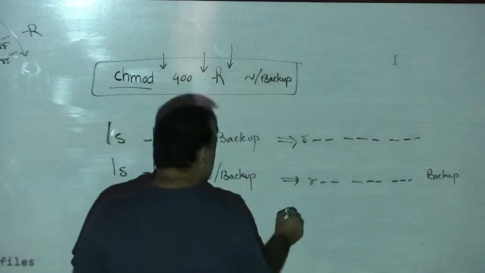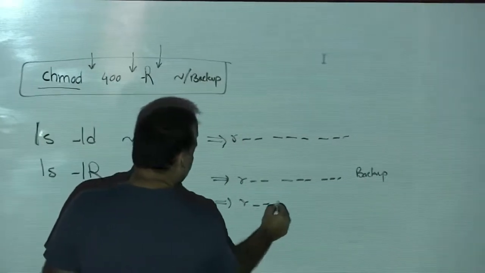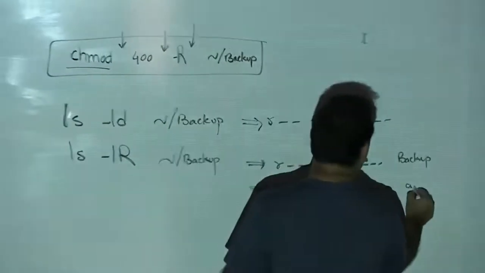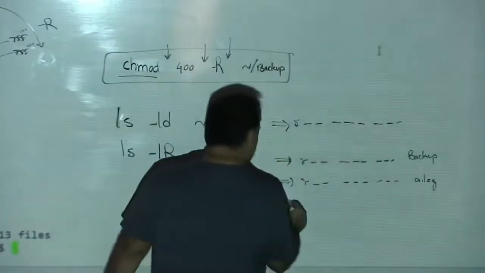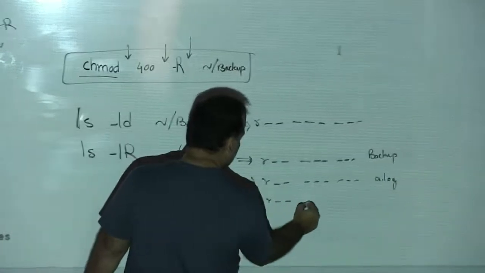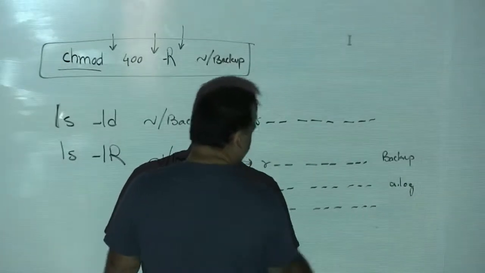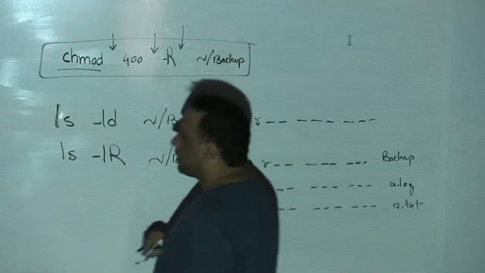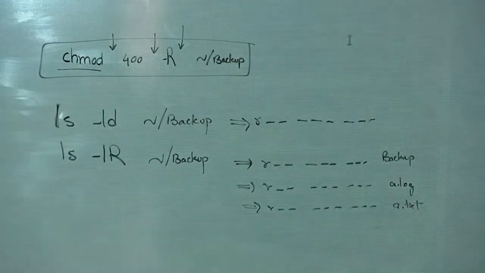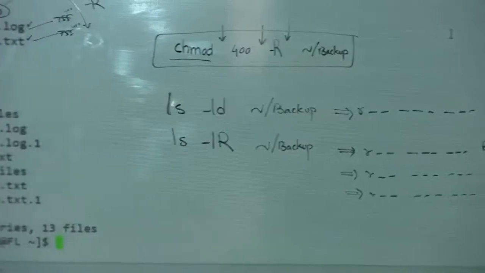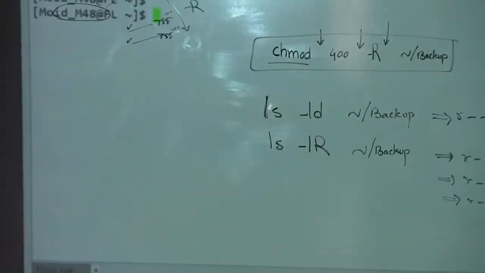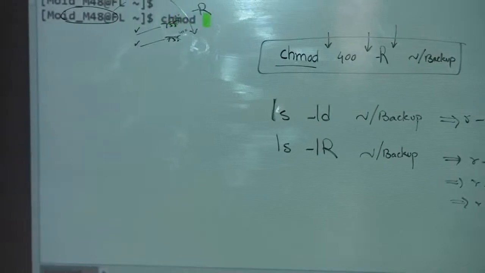I should also see the same permission on a.log. I should also see the same permission on a.txt. Because these are the original files, we don't want any accidents to happen, and this is how I'm going to change it.